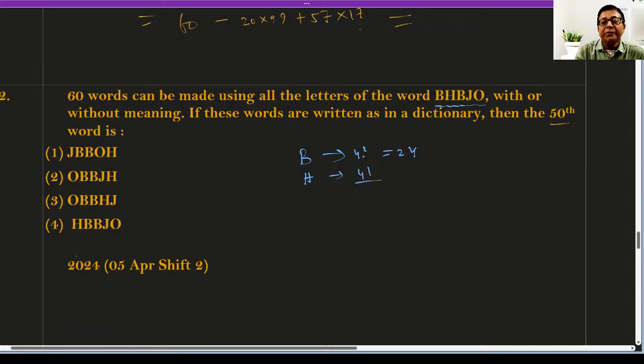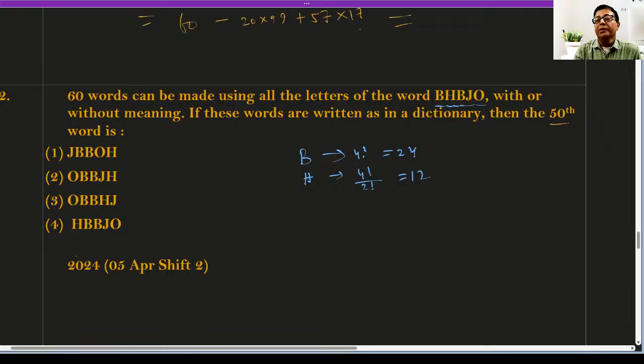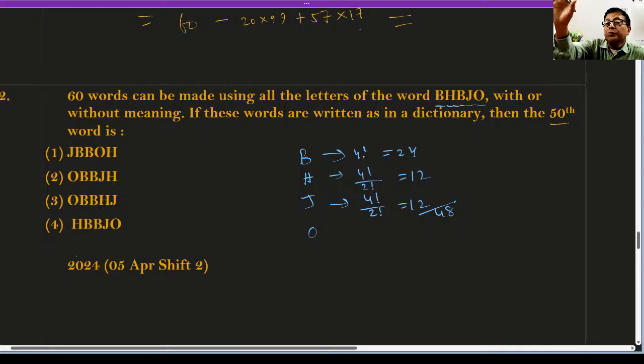Factorial 4 by factorial 2, that is 12. Then which one comes? J. With J, how many will be there? Again, the same manner, 12. Then with O, 12 more cases will be there. But here you have already reached the 48th case. So with O you wait.